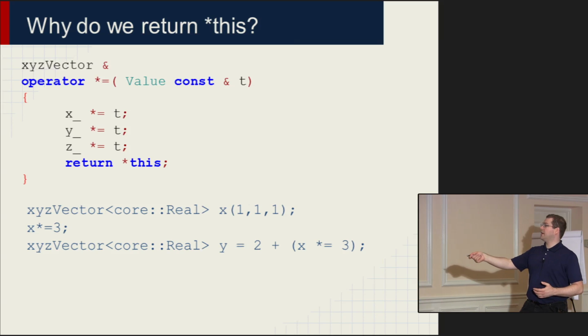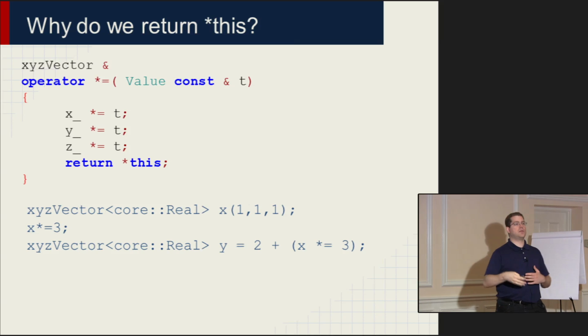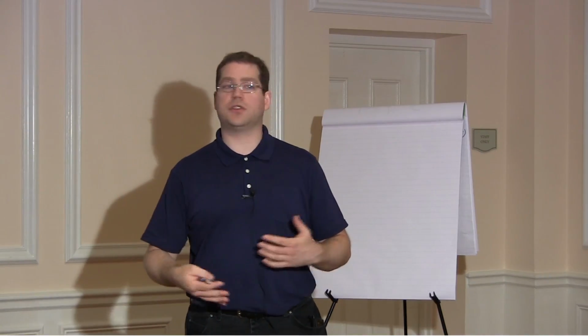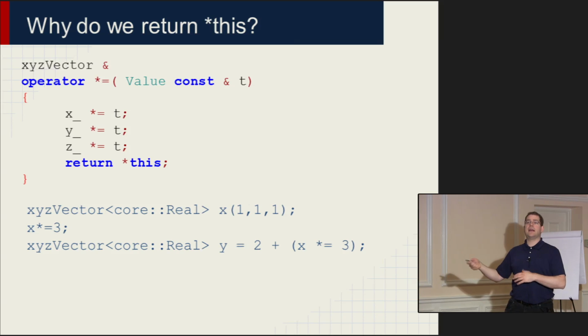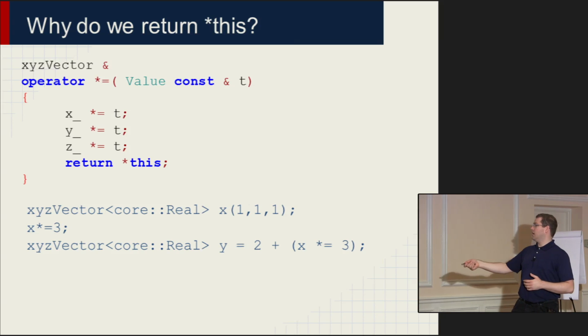I guess one point here is why do we return this in this function signature? And that's just because of the way the multiplication equals operator works in C++. The way that works with normal numbers, integers, reals, etc., is that you multiply the variable on the left-hand side by the number on the right, and then this entire expression is equal to what happens for the left-hand side.